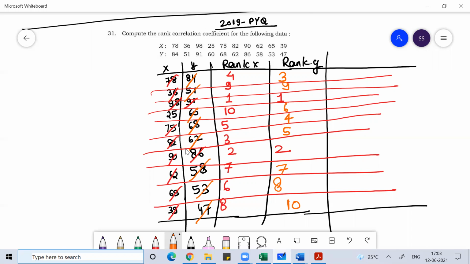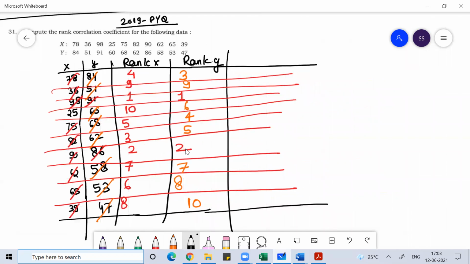Then we can find the difference d. 4 minus 3, 1; 9 minus 9, 0; 1 minus 1, 0; 10 minus 6, 4; 5 minus 4, 1; 3 minus 5, minus 2; 2 minus 2, 0; 7 minus 7, 0; 6 minus 8, minus 2; 8 minus 10, minus 2.